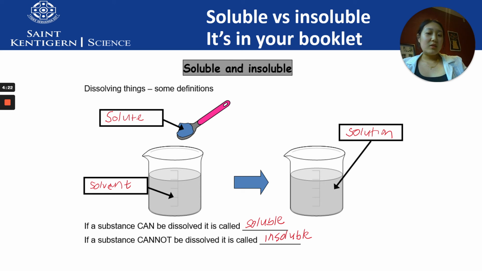When we add the solute into the solvent, we call that a solution. And again, if a substance can be dissolved, it is called soluble. If a substance cannot be dissolved, it is insoluble.